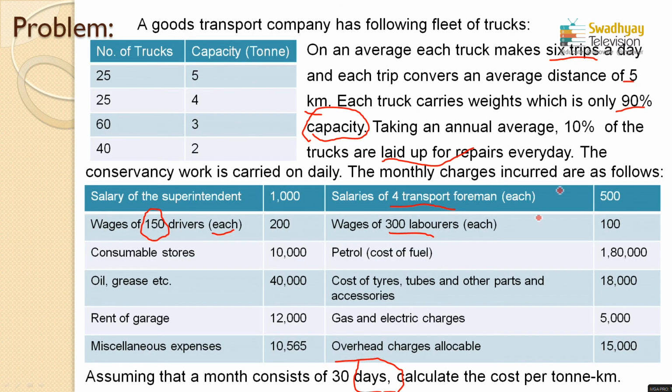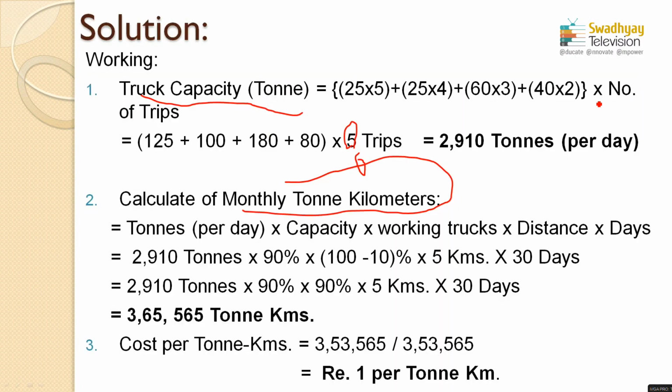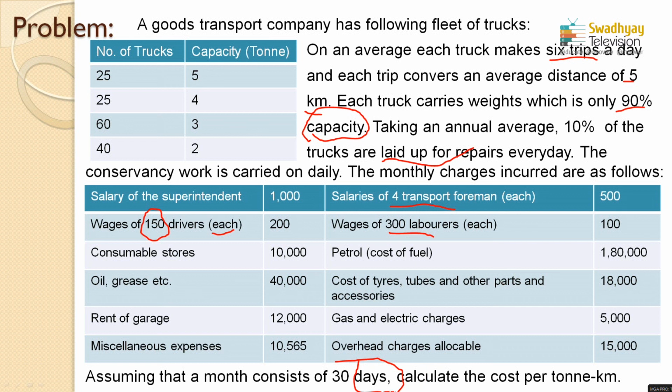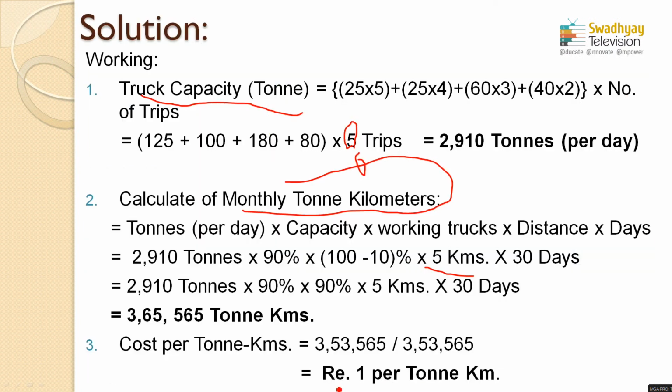Multiply by the distance of each trip, that is 5 kilometers. And how many days are worked? In the last line we assume that there are 30 days in a month working for a particular transport service.